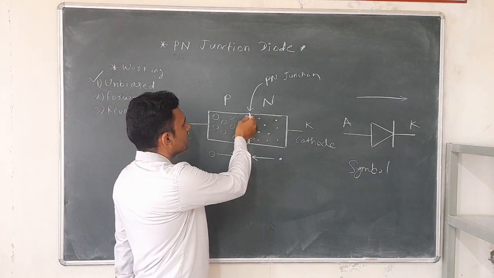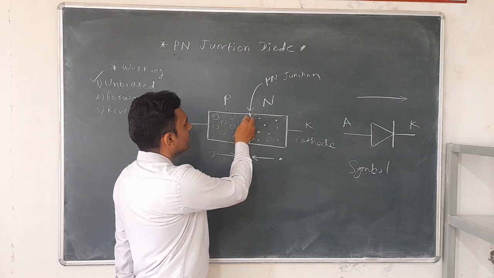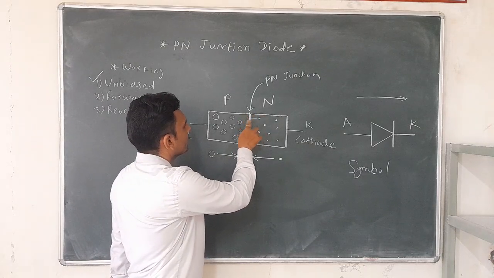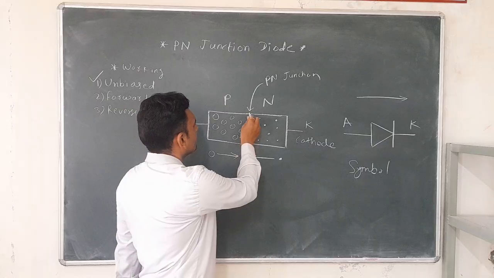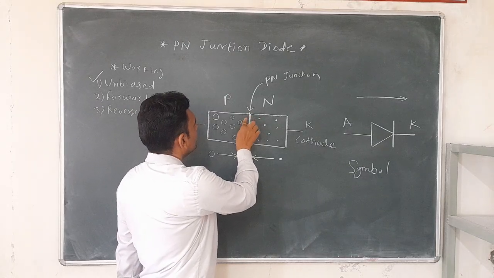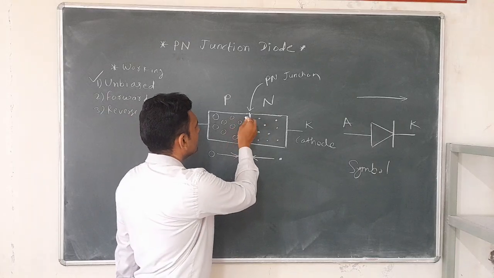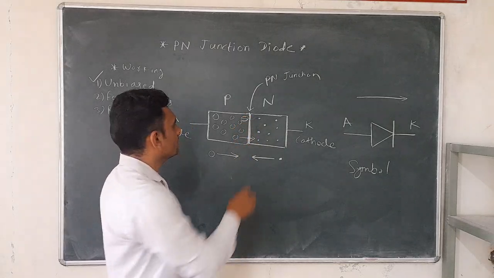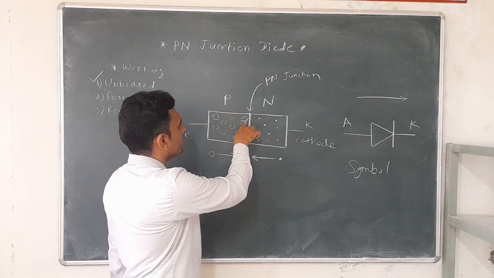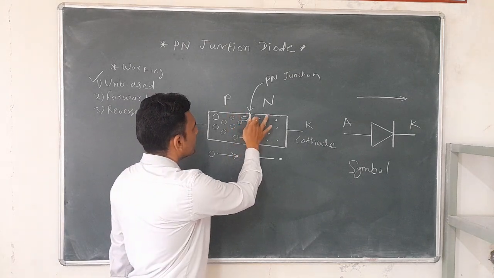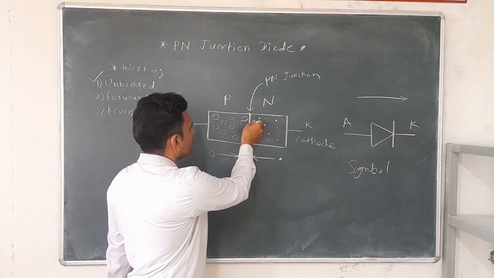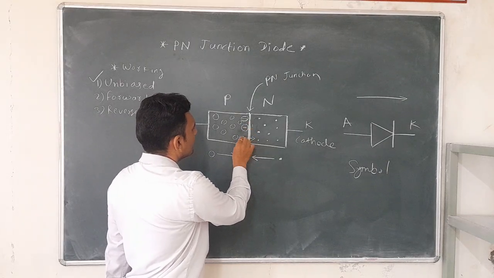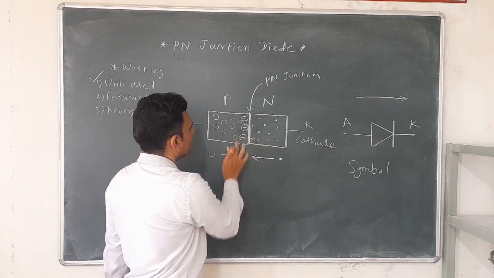When electrons cross the junction and enter the p layer, they recombine with the holes present in the p layer, and the acceptor atoms present in the p layer accept the electrons and are converted into ions. So electrons near the junction enter the p layer, recombine with holes, and after recombination the atoms are converted into negative ions.